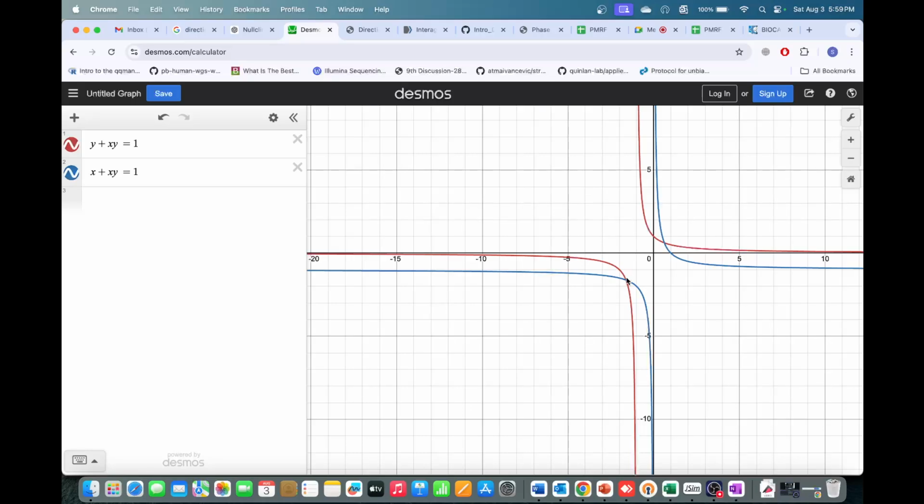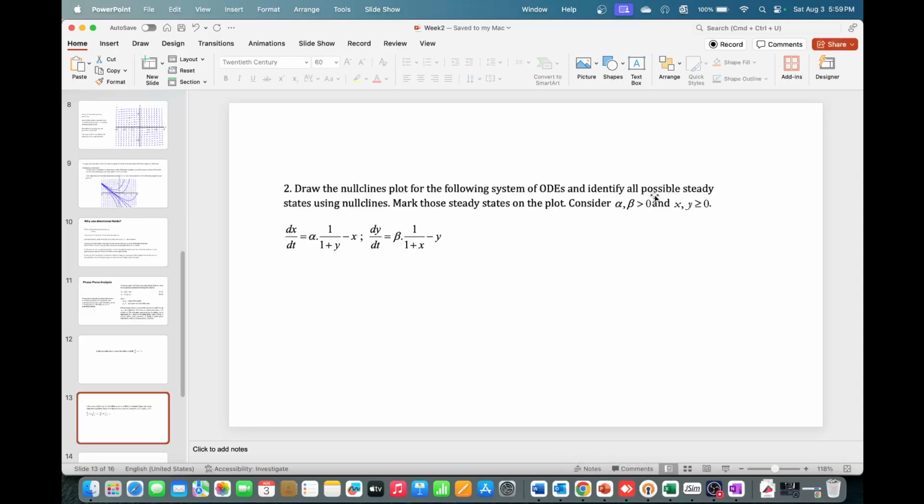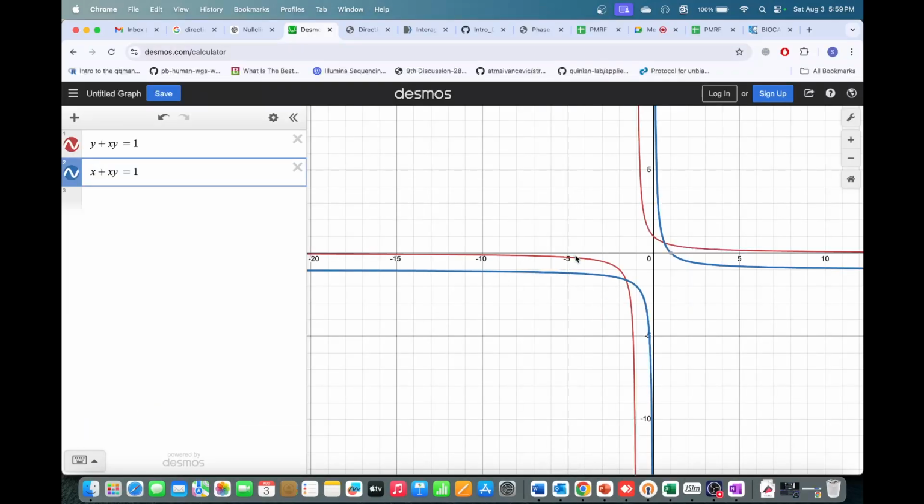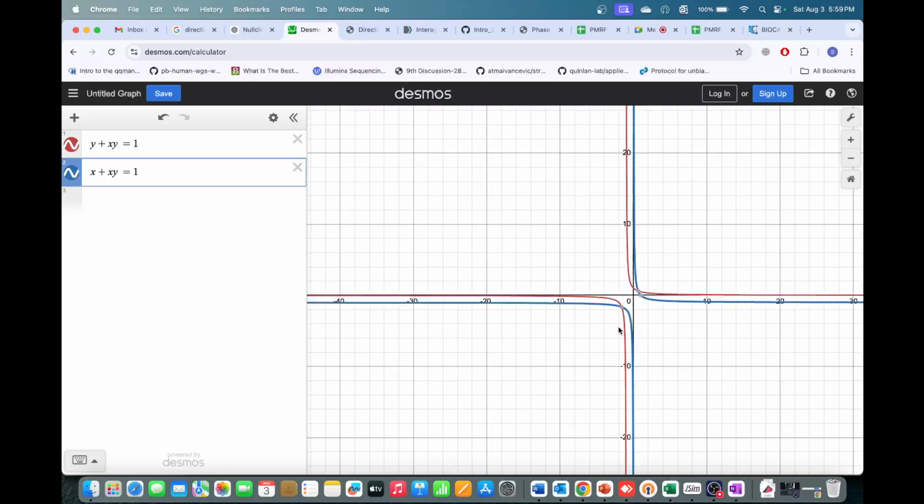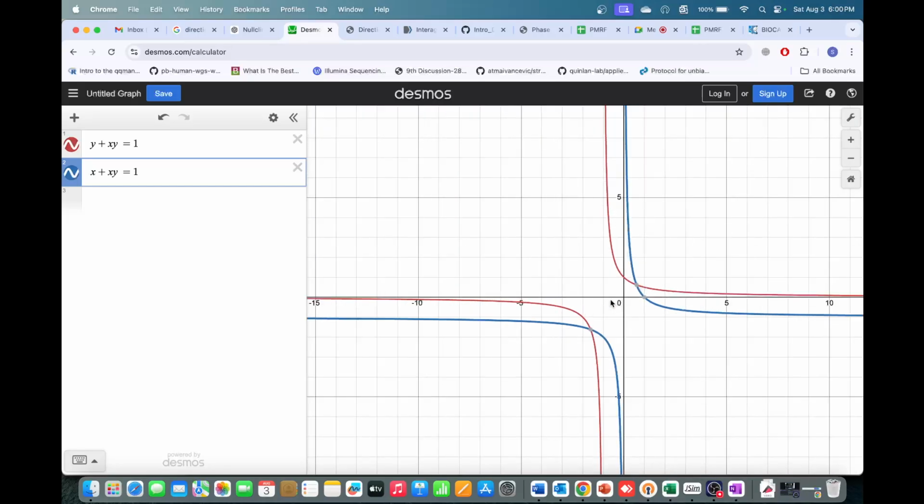So here is one point, this is the negative point of that, and here is the another point. But in the question, since it is given that x, y are both greater than 0, this part is where both x, y are less than 0. So we are not going to consider this. We are only considering the upper part, the one in the first quadrant. So this one.